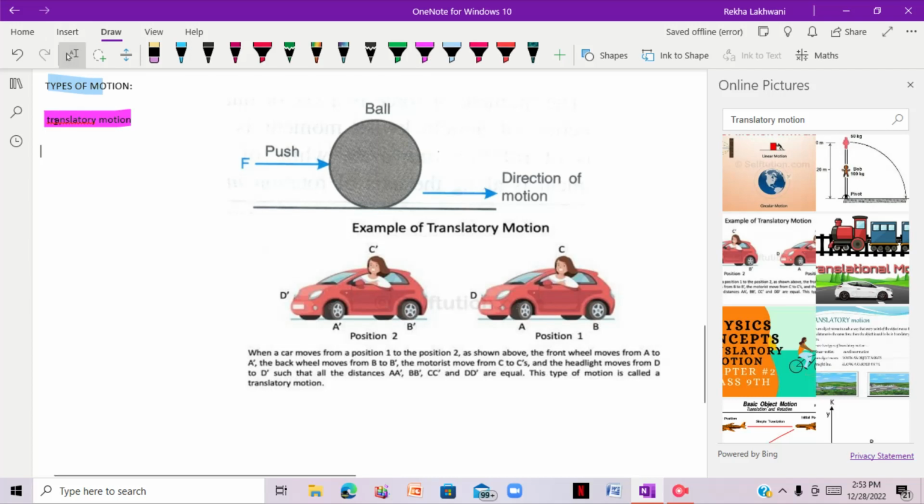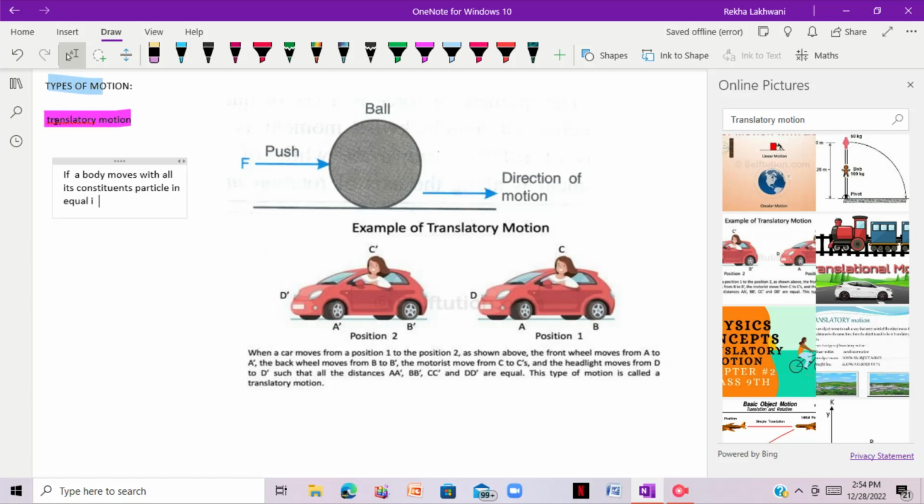Now basically what is translatory? Actually, if a body moves with all its constituent particles in equal interval, that motion is known as translatory motion.